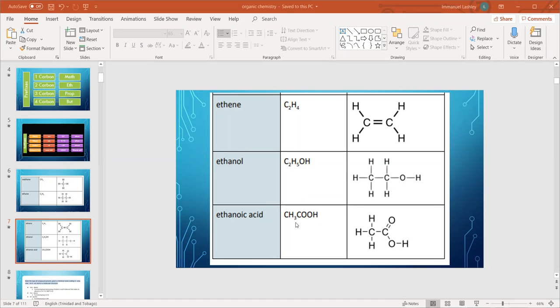Then we have ethanoic acid. An acid is identified by its functional group.